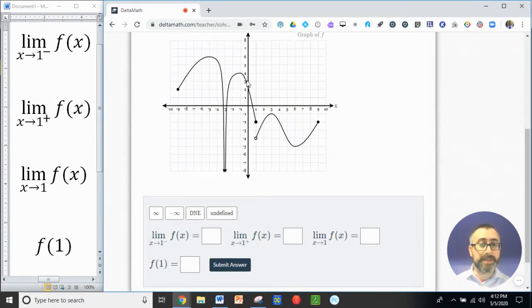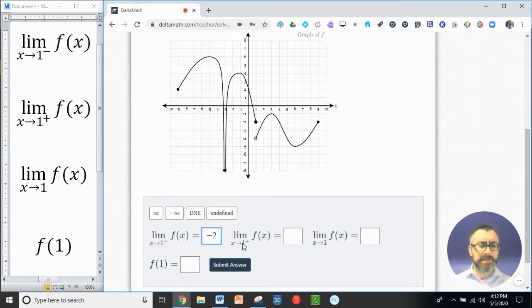And that's the limit coming from the left, -2, the y value output as we head towards the x value input. I'm going to record -2 as my output for the limit as x approaches 1 from the left.